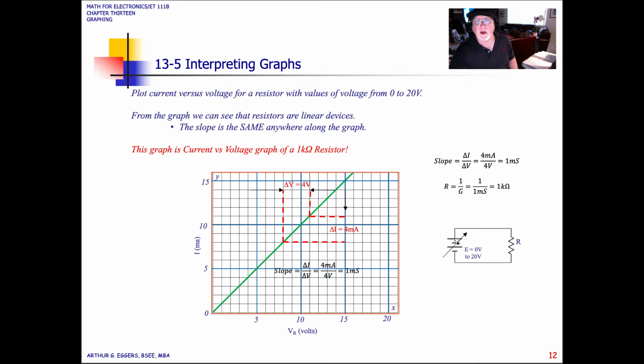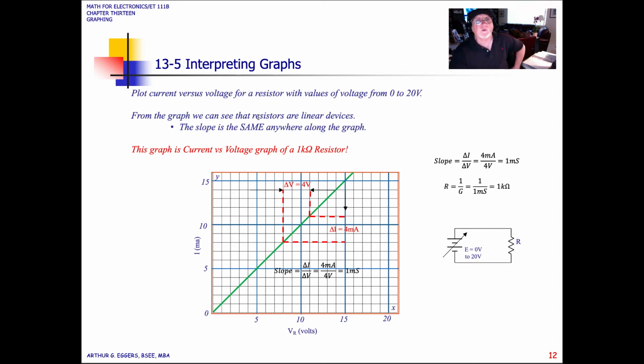As we crank up the voltage, it's going to increase the current, and we will find that the resistance becomes a steady, constant value. In this case, that resistance is related to the slope of the line.